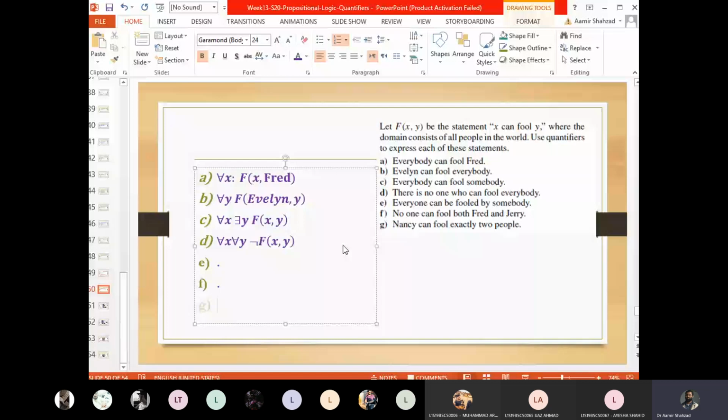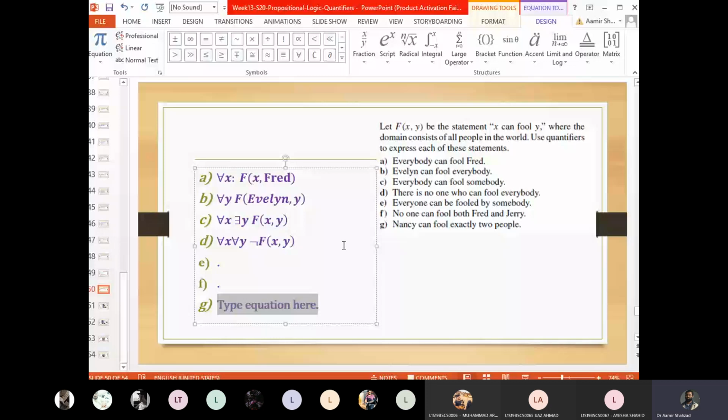So we can express it in different ways. Exactly two people. So there are some people. There exists some y such that they get fooled by Nancy.